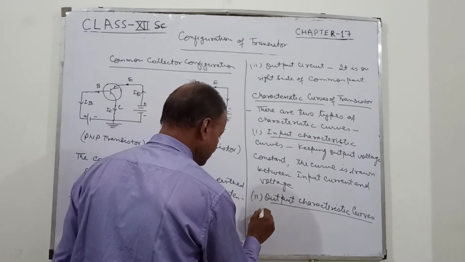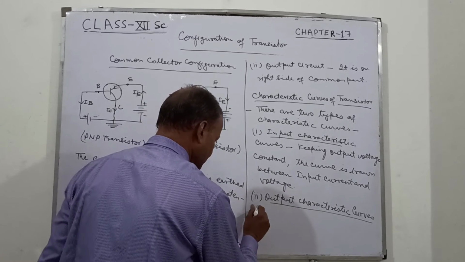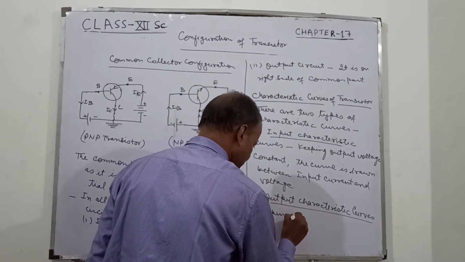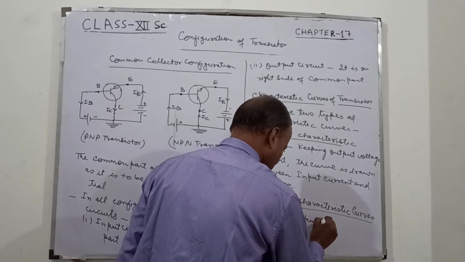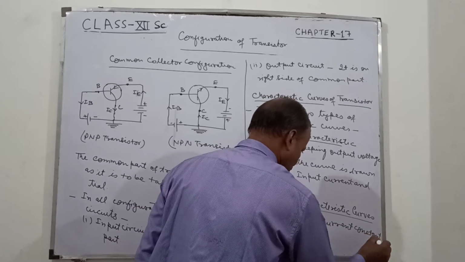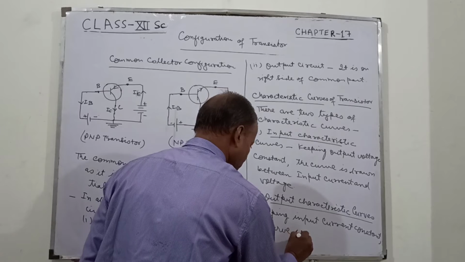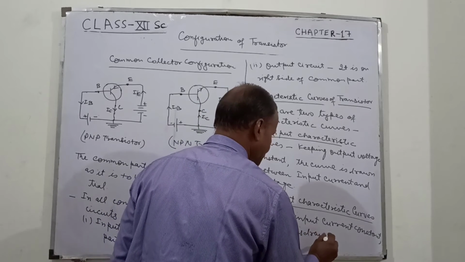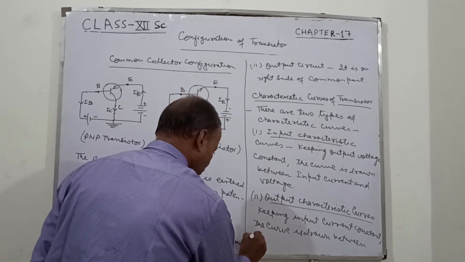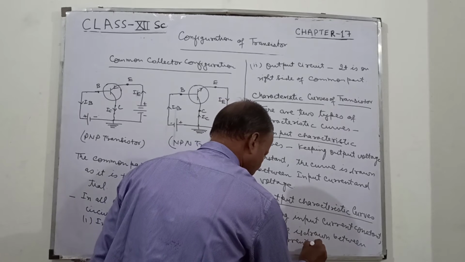So here what we do, keeping input current constant, the curve is drawn between output current and voltage.